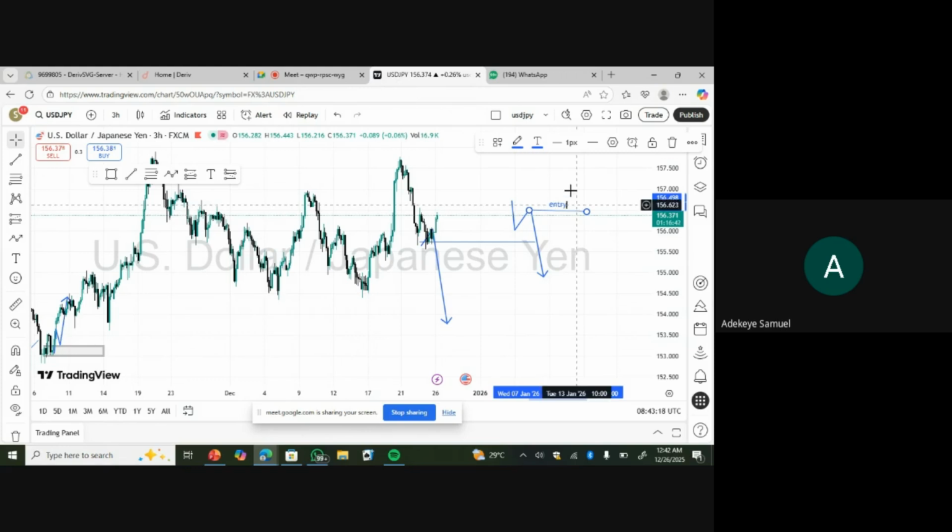So here will be your stop loss zone. It will be above, sorry. Your stop loss will be above your entry.